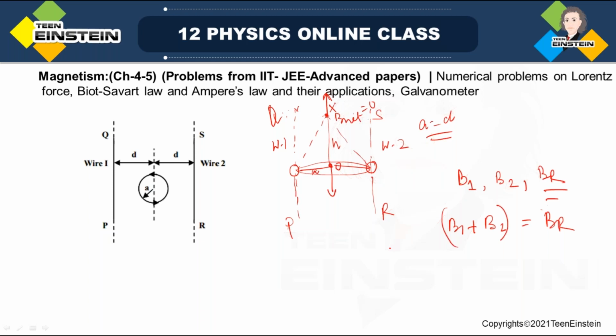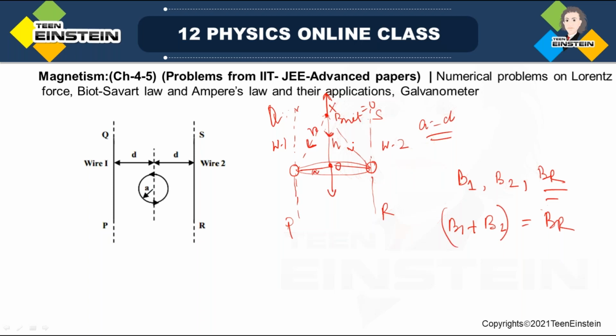Their resultant will give the net magnetic field, which will be exactly equal to the magnetic field produced by the loop. So let us do this.